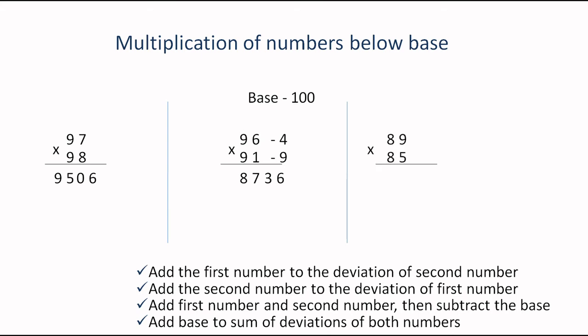If I take these two numbers, 89 into 85, the deviations are 11 and 15. For the first part of the result, just take the first number and add the deviation, that is 89 minus 15, because here the deviation is negative. So 89 minus 15 we will do, and we will put it down as 74.